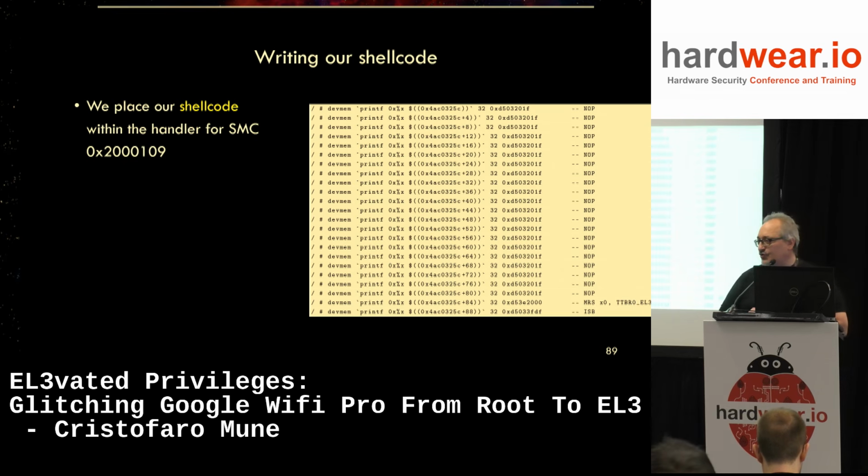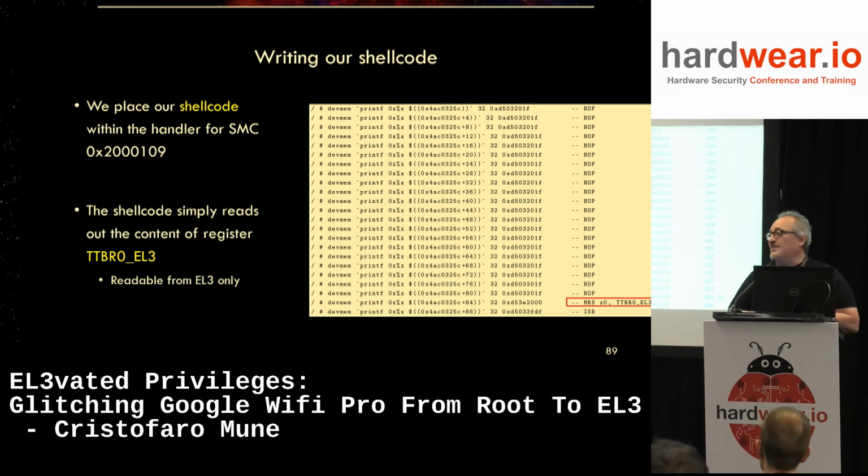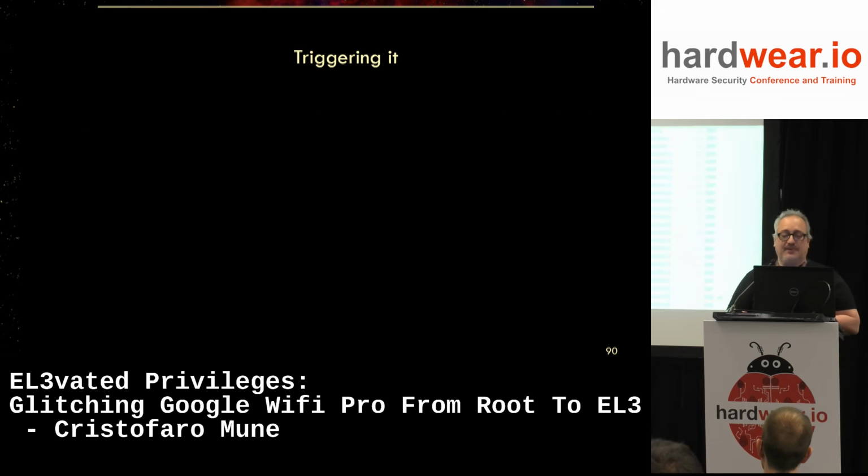We can write our own shellcode in the secure monitor. We issue an SMC that calls this shellcode. And then we prove that we are running in EL3 by reading the register TTBR0_EL3, because it can be read only with EL3 privileges.